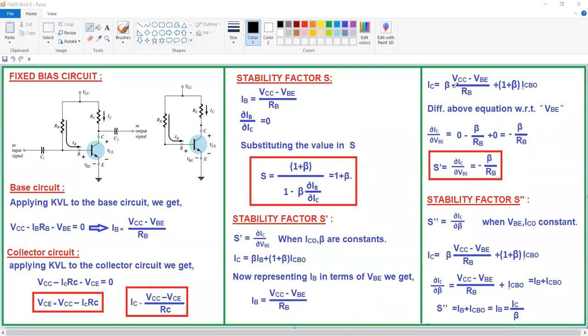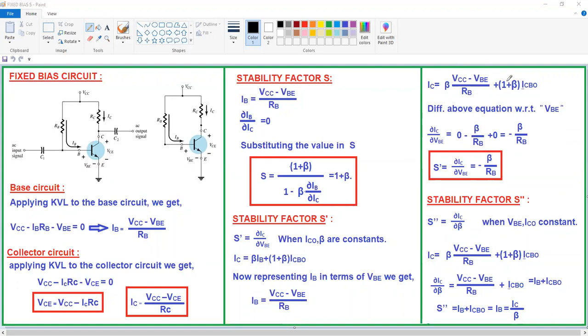Now differentiate this equation with respect to VBE, because S dash is given by dou IC by dou VBE. Here VCC is constant, so it becomes 0 minus VBE; dou VBE by dou VBE is 1, so 1 into minus beta by RB.